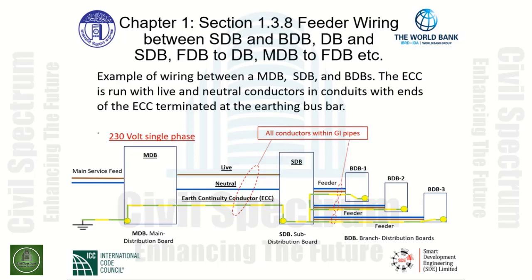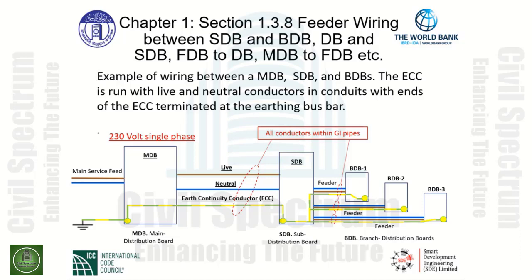And the same thing happens with the earth continuity conductor, ECC. It is bonded to the metal bar within the branch distribution board number 2. Finally, the last feeder that originates from our sub-distribution board feeds branch distribution board number 3. And the earth continuity conductor is again connected to the metal bus bar in the branch distribution board number 3.